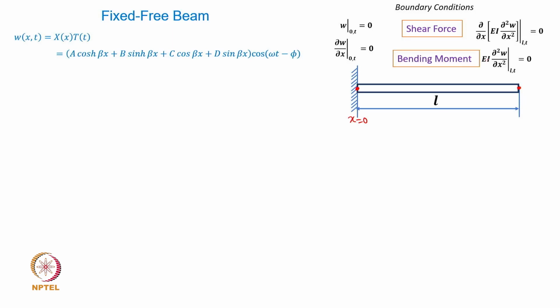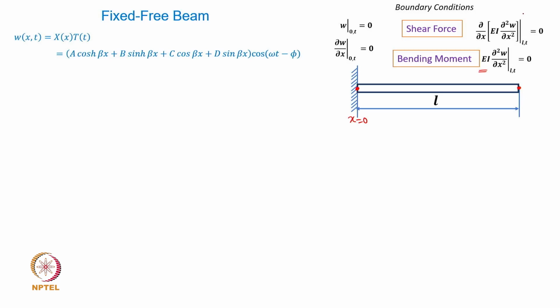Now we have already discussed these expressions in the derivation of the governing equation of motion, wherein M was equal to EI, the flexural rigidity, times the second derivative of the lateral deflection, dou 2 W by dou x square, at x equal to L at all times is going to be equal to 0.